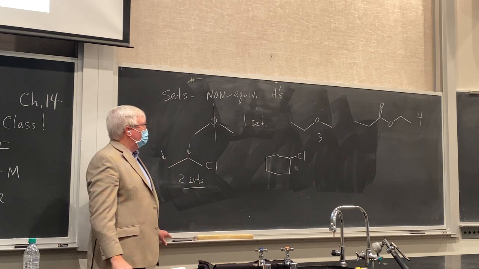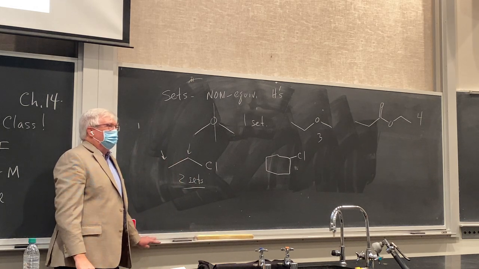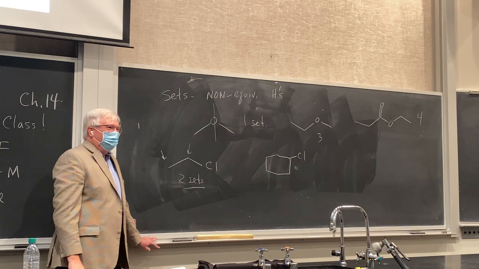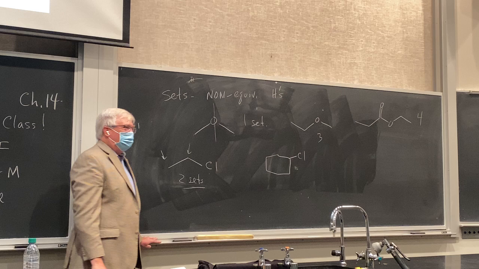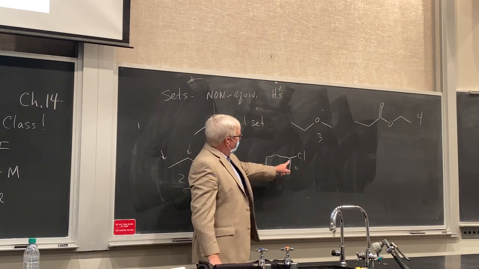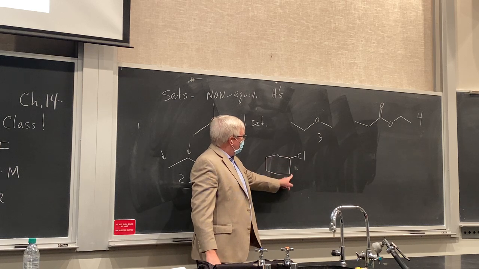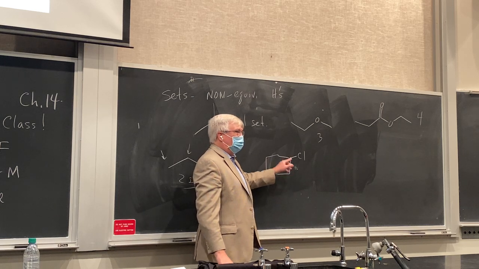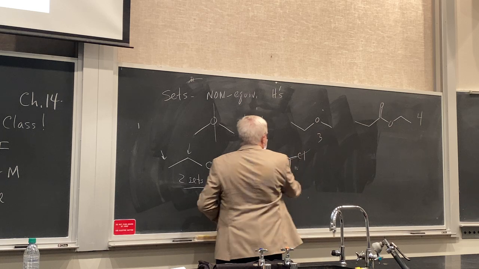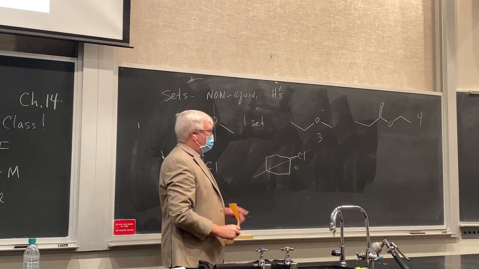Cyclohexyl chloride. Yeah, a little bit harder maybe. But if you just look at the structure, this one's certainly distinct. Add in the hydrogen. You have methylene, methylene here. Those might be the same. You've got a mirror plane relationship here, right?